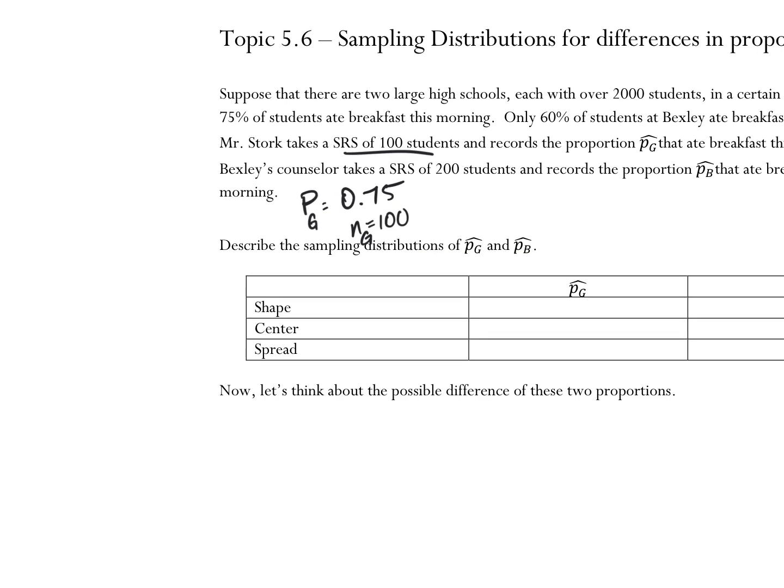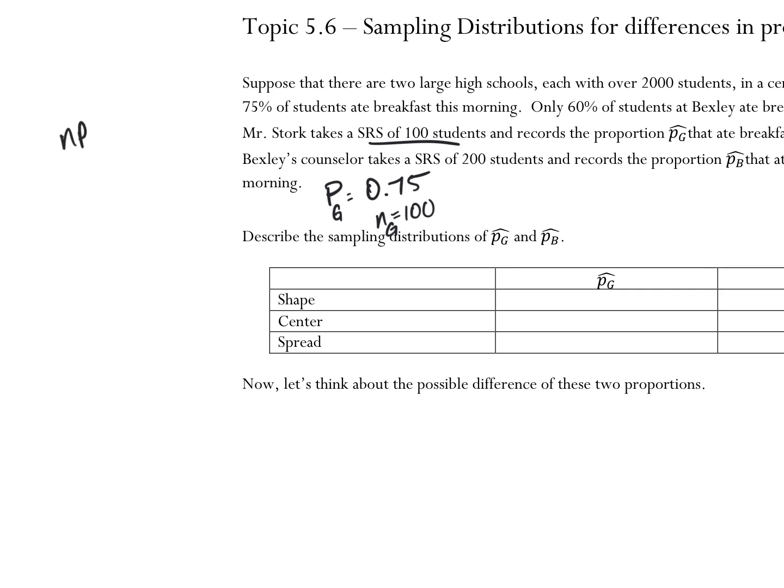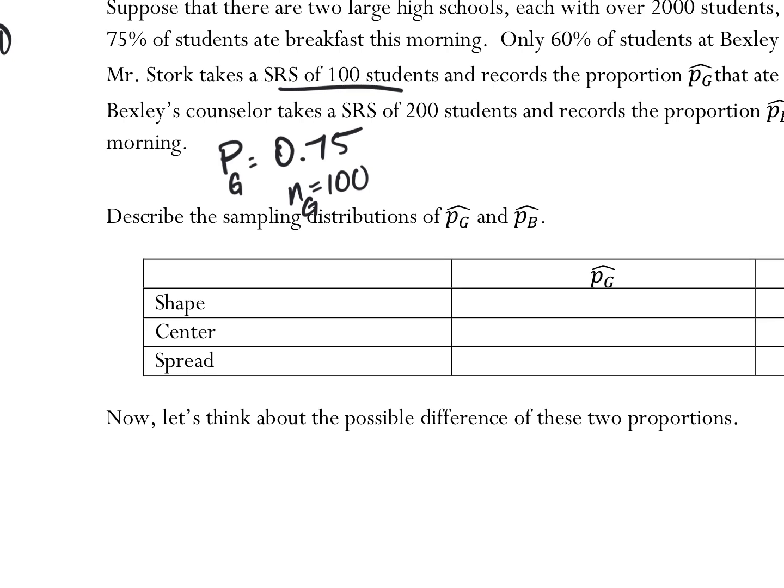The normal happens when NP and N(1 minus P) are both greater than or equal to 10. In this particular case, I would be doing 100 times 0.75, which is 75, and 100 times 0.25, which is 25. So we can say approximately normal because both of those are greater than or equal to 10. Everybody good so far?